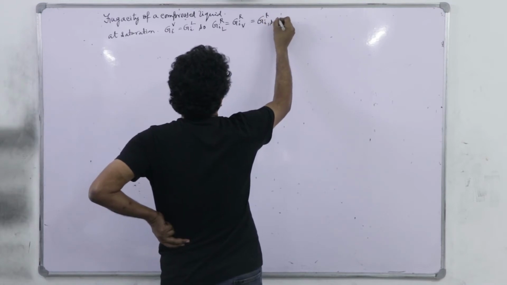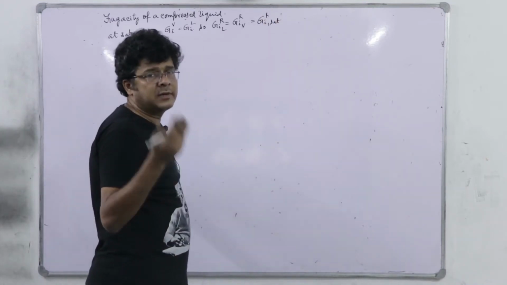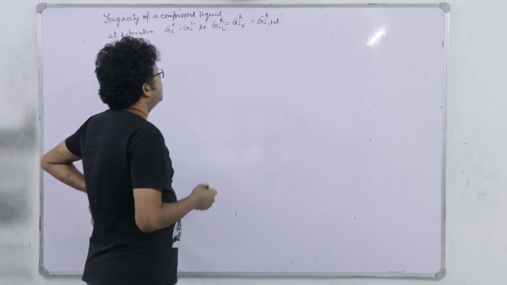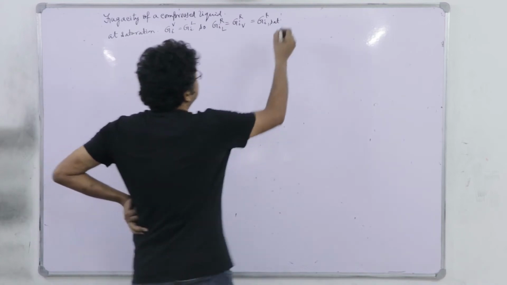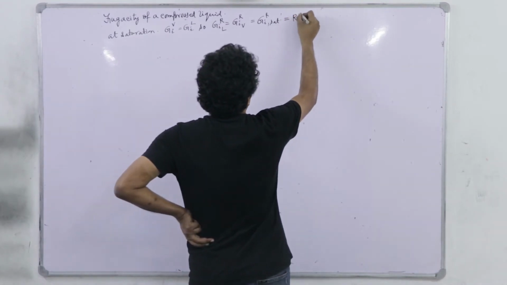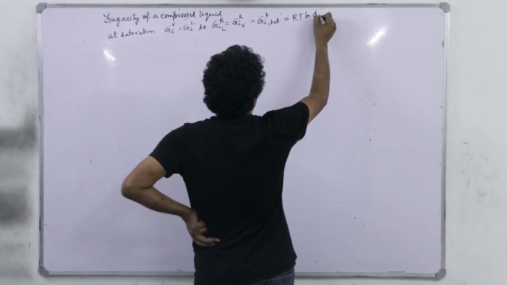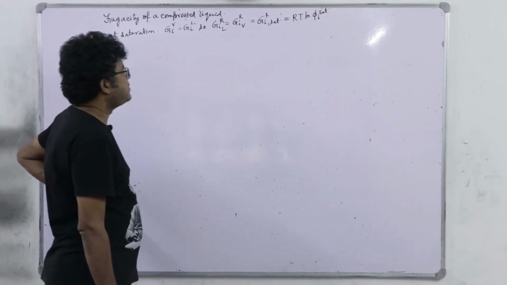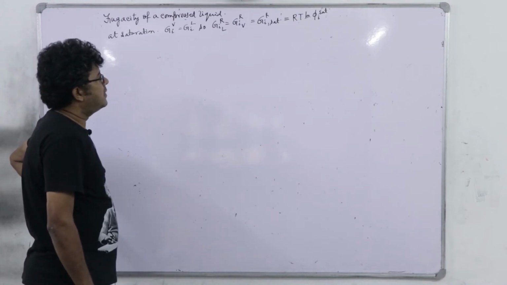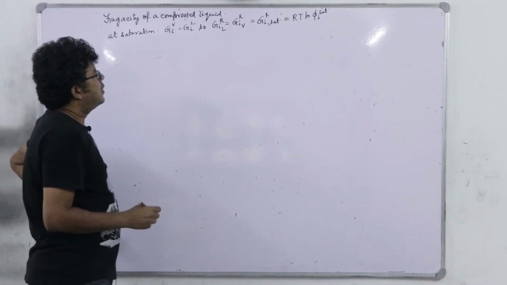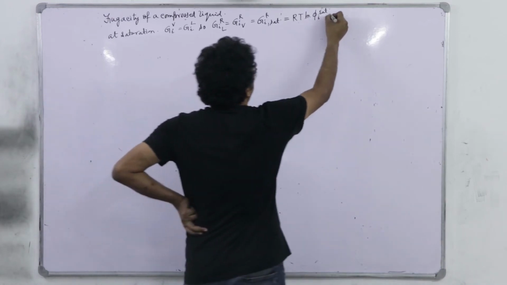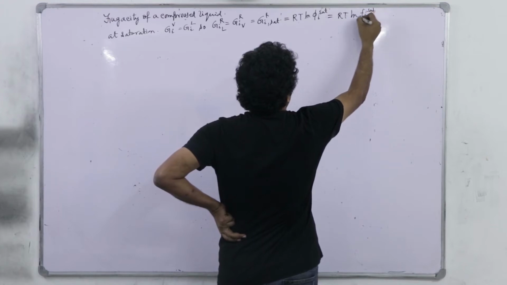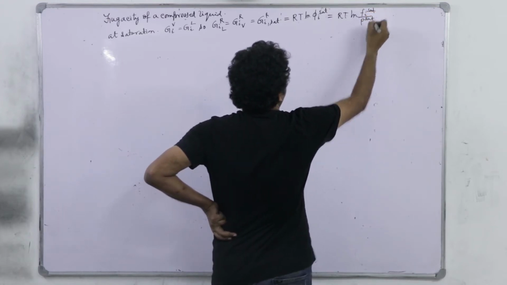So at saturation both the liquid and the vapor have the same residual Gibbs energy, that means the same fugacity coefficient, which is RT ln phi i sat, right. So phi i sat we know, or alternatively we can also write RT ln of f sat by P sat.